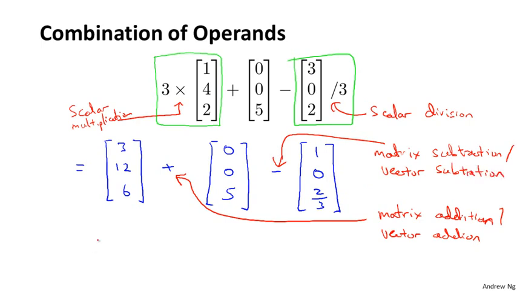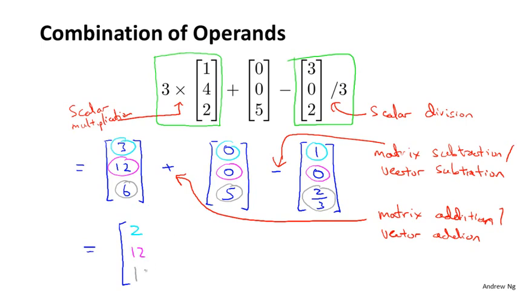And finally, to wrap this up, this gives me a vector whose first element is going to be 3 plus 0 minus 1, so that's 3 minus 1, which is 2. The second element is 12 plus 0 minus 0, which is 12. And the third element is 6 plus 5 minus 2/3, which is 11 minus 2/3, so that's 10 and 1/3.